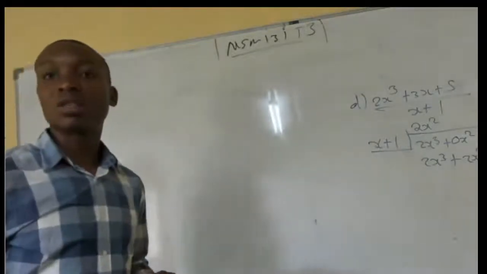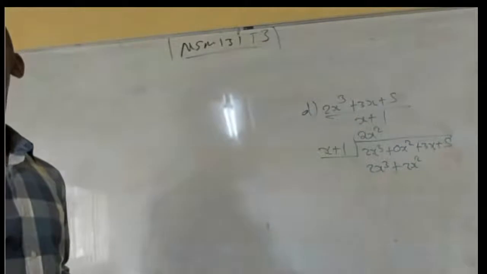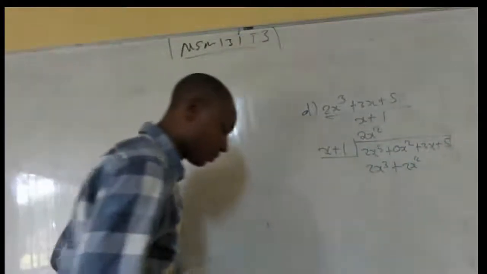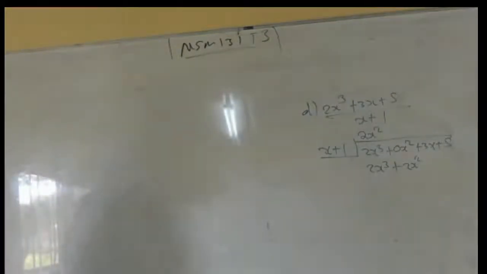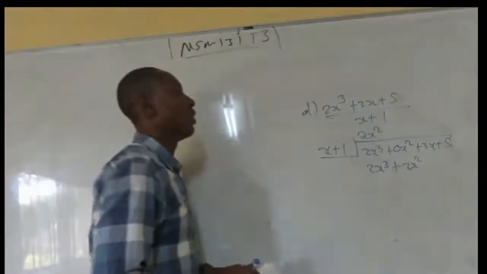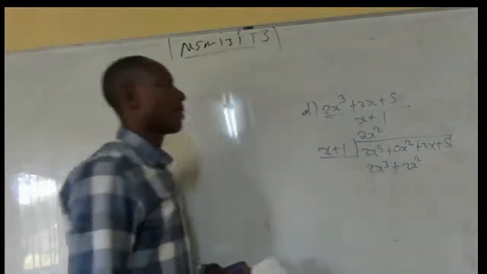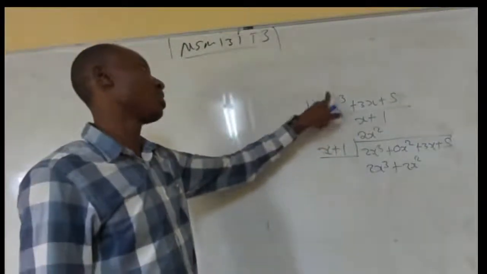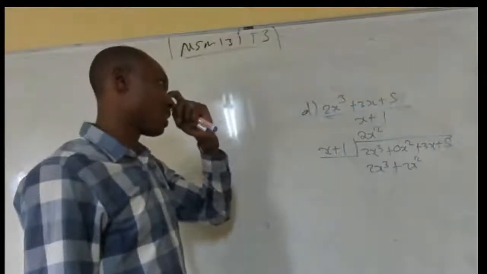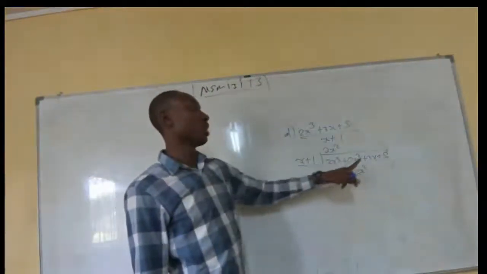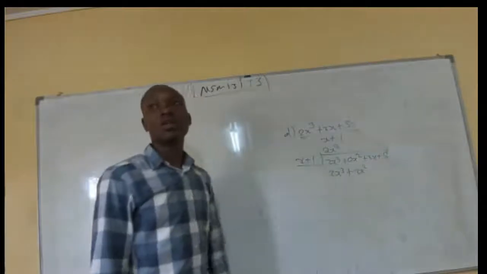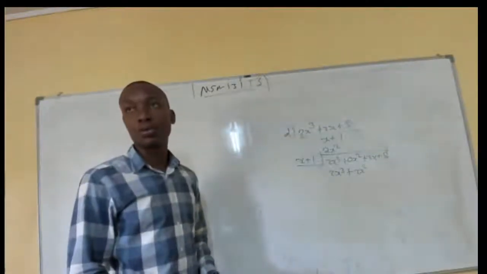Whenever the highest powered variable or the degree is cubed or squared, whichever, and you notice that you are dividing and the term that follows the highest is missing, please, when you're using long division, include the 0. It's safe to include the 0. That's how we work around these things.